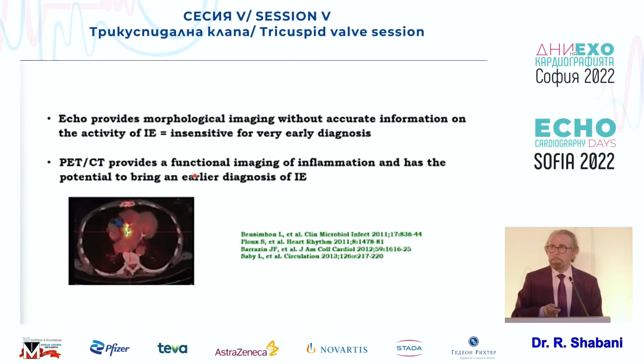Разбира се, каква е разликата: ехокардиографията показва вегетация, обаче не показва дали е активна, докато ПЕТ сканът показва активността на процеса върху пейсмейкъра.